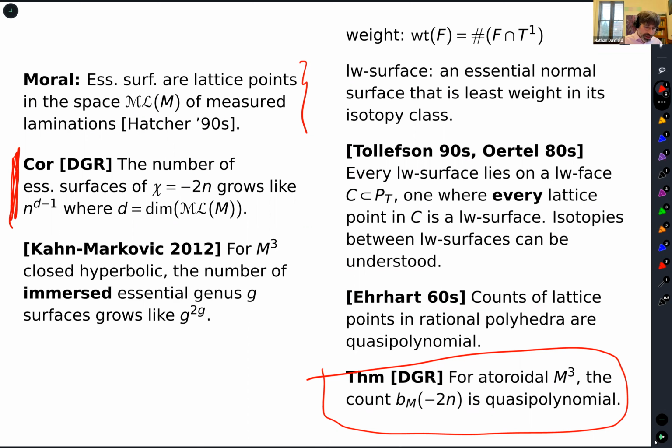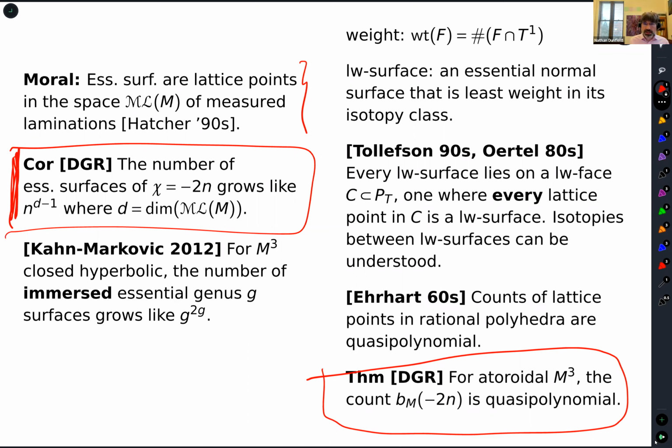If we're counting lattice points in this piecewise linear space, it turns out that the degree of our polynomial is the dimension minus 1 of this associated topological object. So that's the meaning of the degree; it comes from measured laminations.